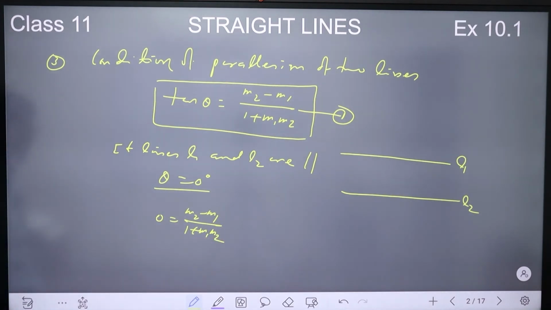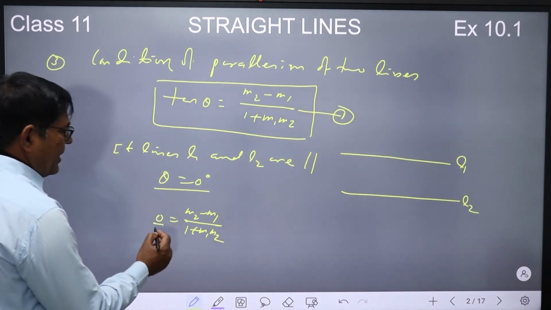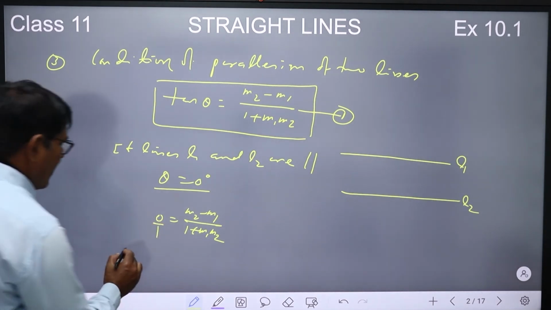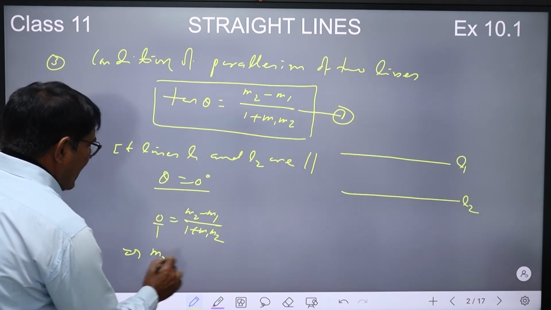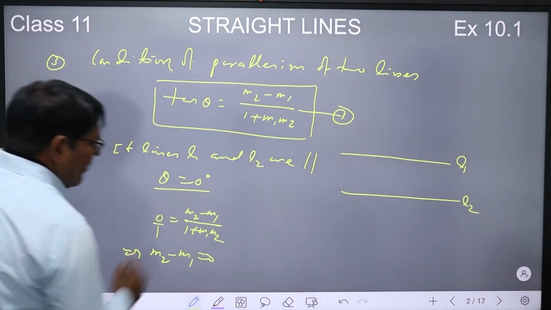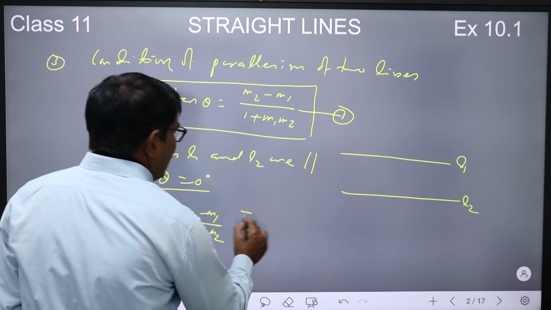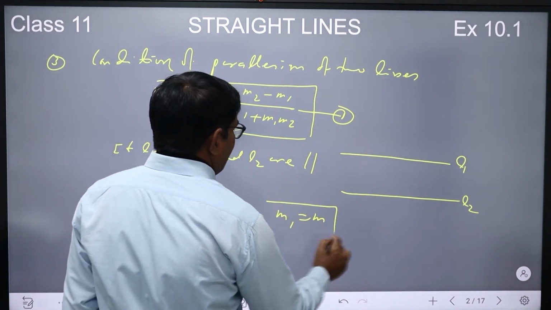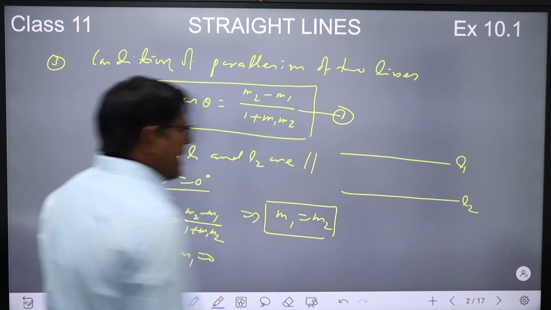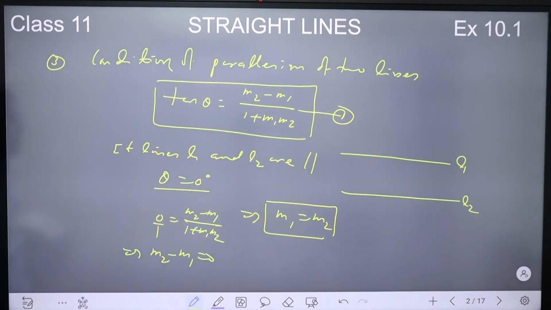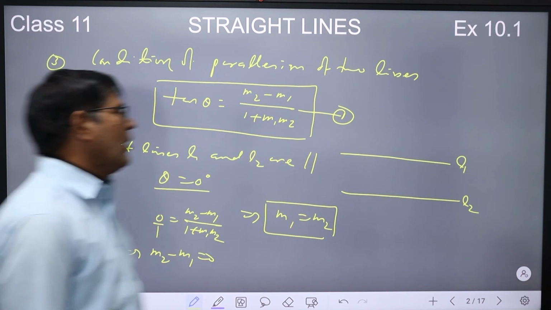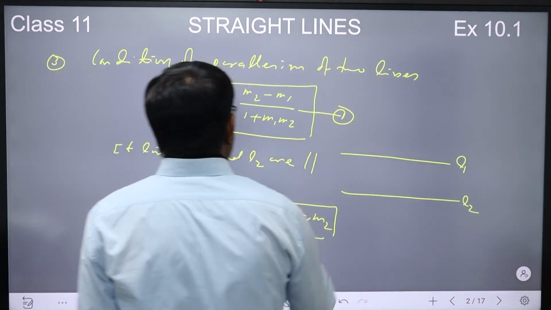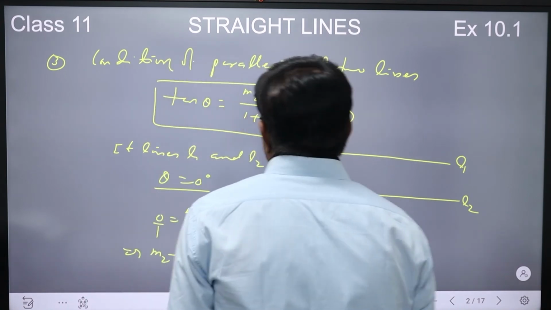On cross multiplication, this 0 can be written as 0 upon 1. क्रॉस मल्टीप्लाई करेंगे तो आपके पास क्या रिजल्ट आएगा? m2 minus m1 will be equal to 0, which implies that m1 will be equal to m2. So if the lines are parallel, then the slopes of the lines will always be equal. So this is the condition of parallelism of two lines.